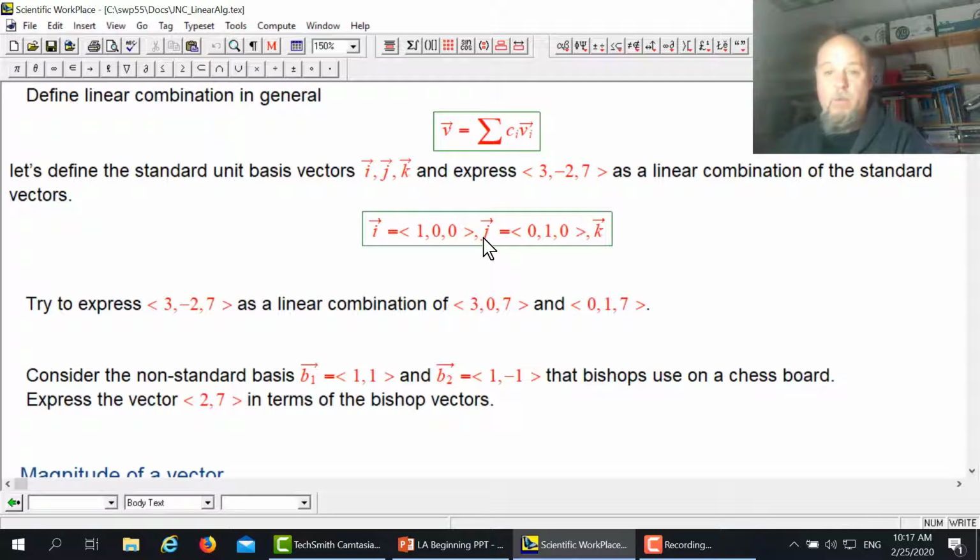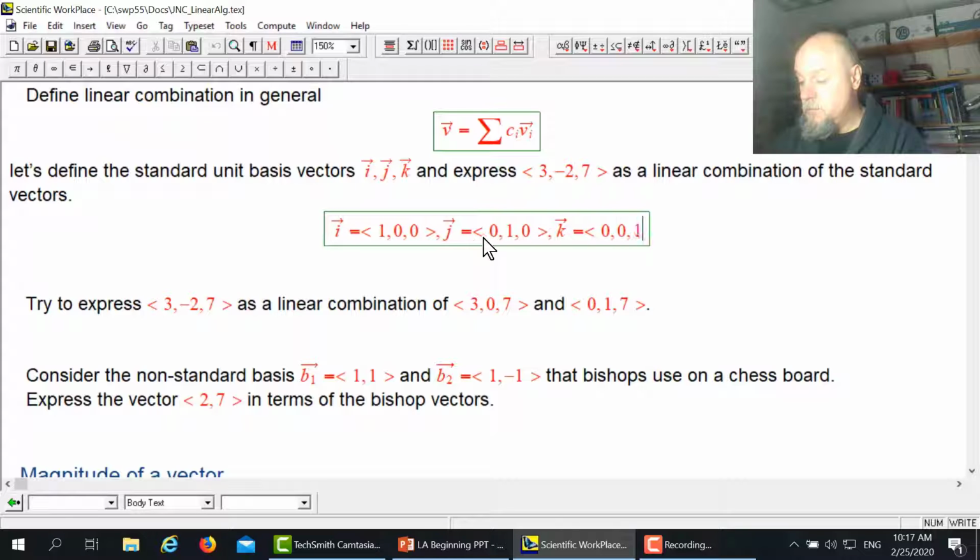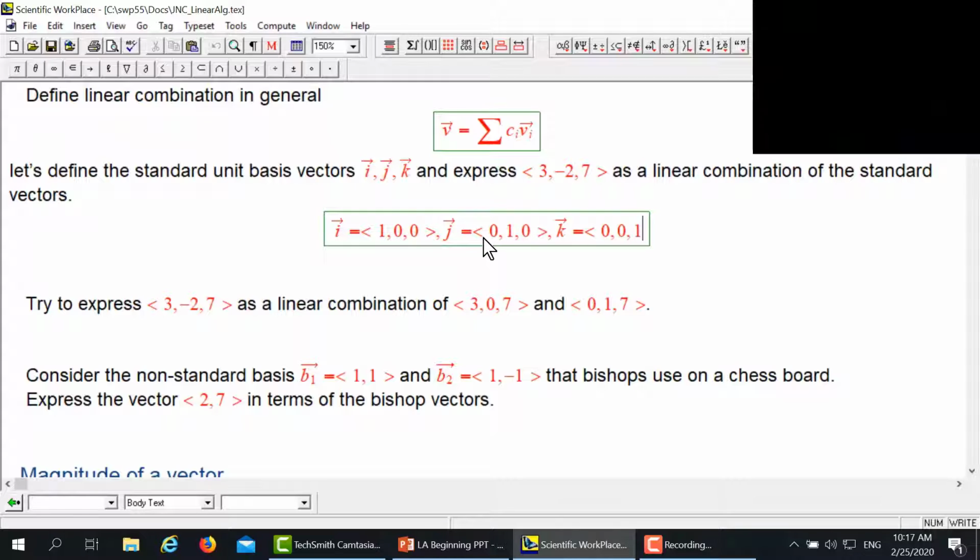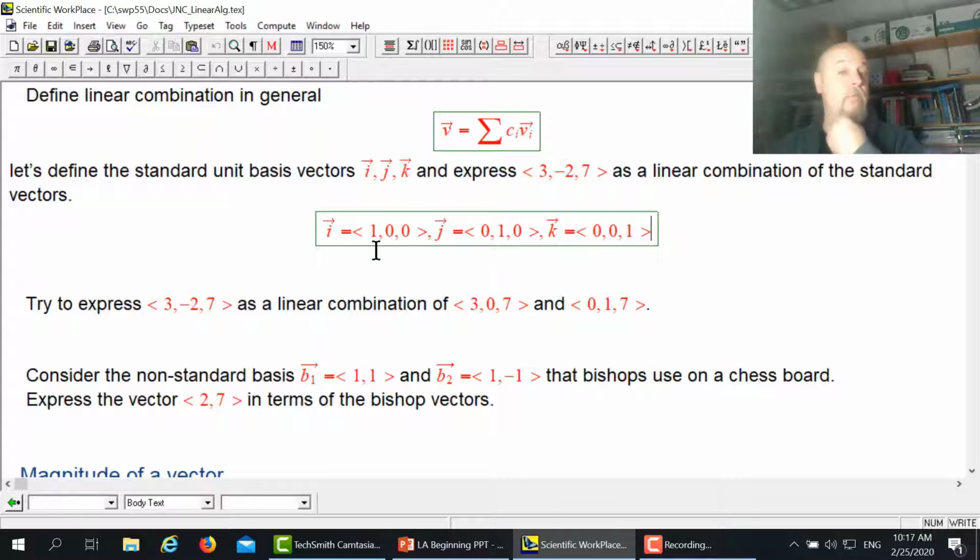And you can see where I'm going with this. k is equal to 0, 0, 1. They're the standard basis. Now they're 3 dimensions, so this is the standard basis in 3 dimensions.